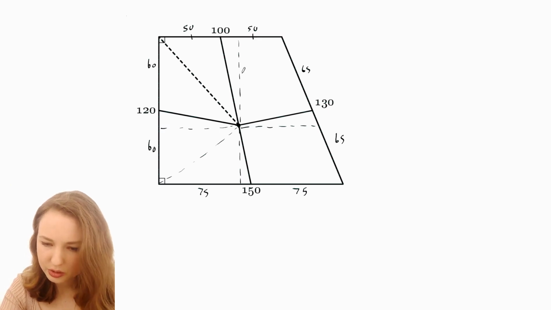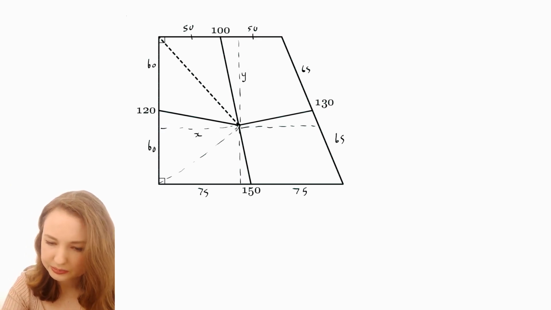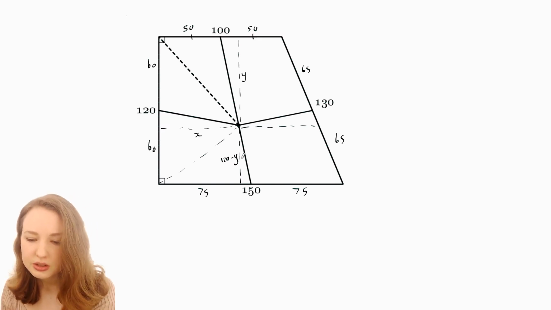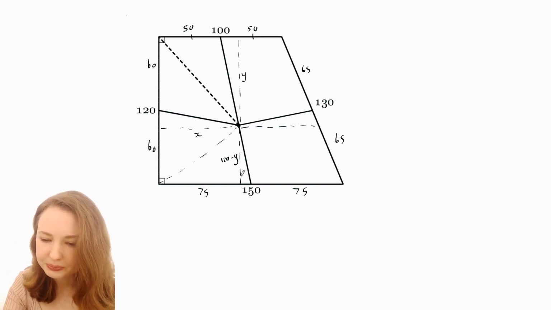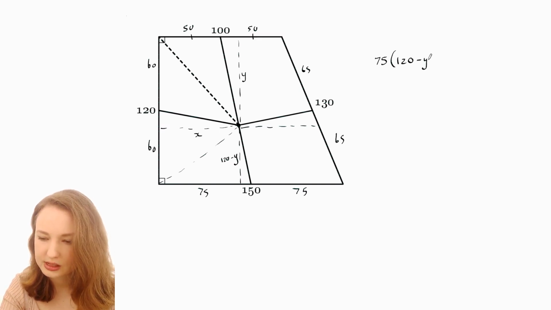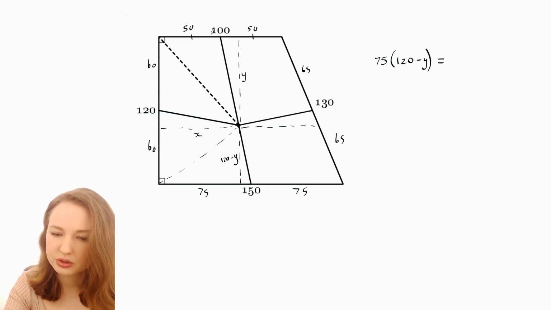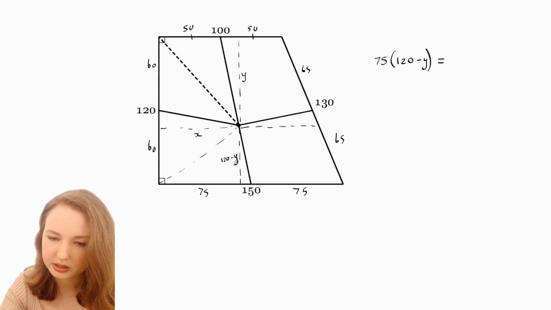Let's call this y and that x, and then this will be that length minus y, so that's 120 minus y. So then we can say the base of that triangle times its height is equal to the base of this triangle times its height, because we know that those two areas are equal.